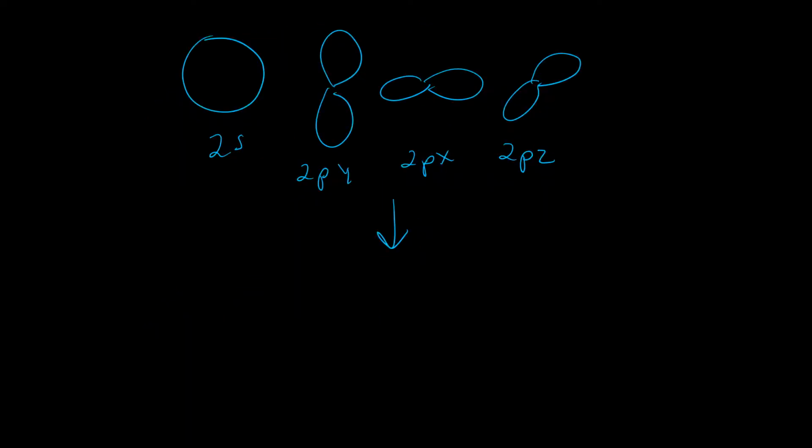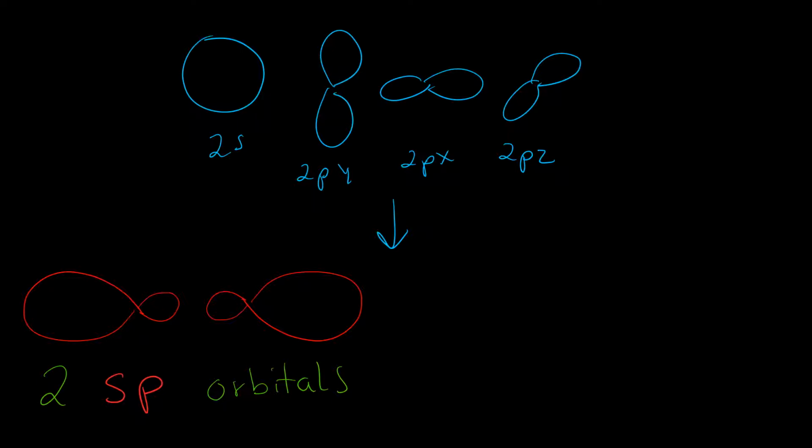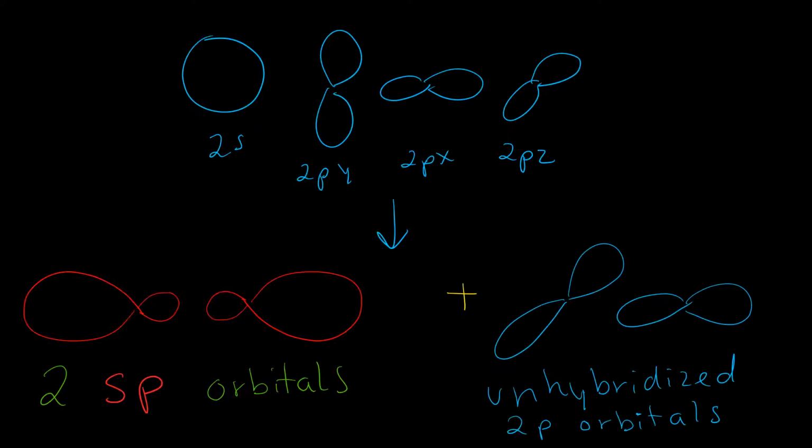Finally, when carbon is surrounded by only 2 groups, it adopts a linear geometry by using sp hybridization. So 2 of the valence orbitals, the 2s orbital and 1 of the 2p orbitals, are hybridized to form 2 new sp orbitals, and the other 2 2p orbitals are left unhybridized.